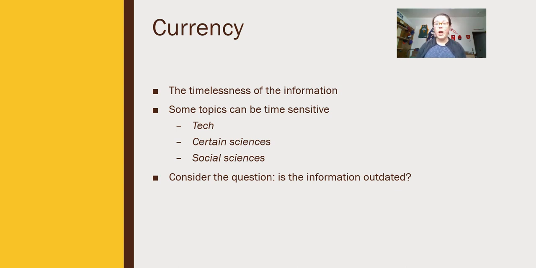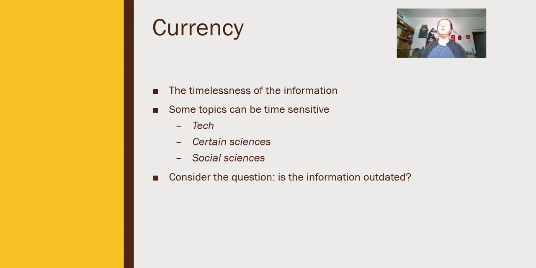Social sciences as well. And oftentimes, I'm thinking of psychology, sociology, and of course, this can apply to other kinds of subjects and areas as well. But making sure that information is up to date.